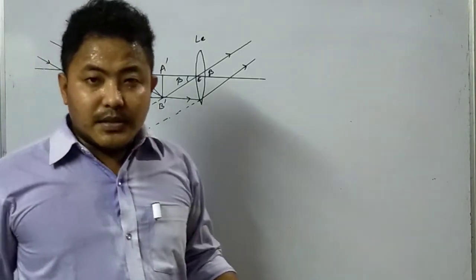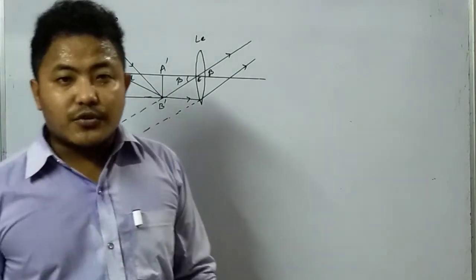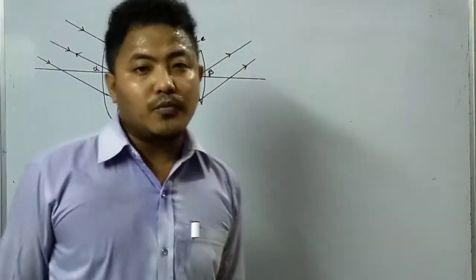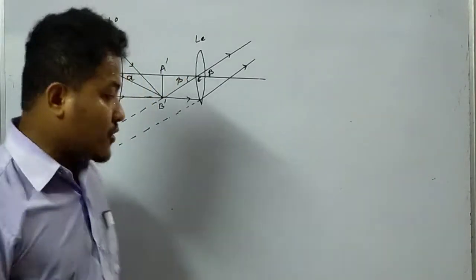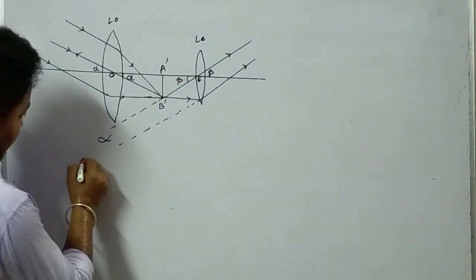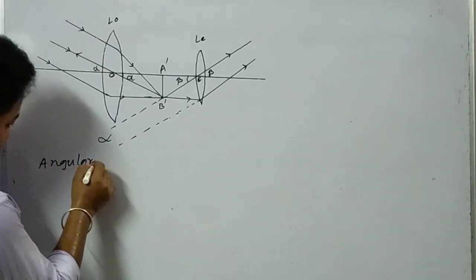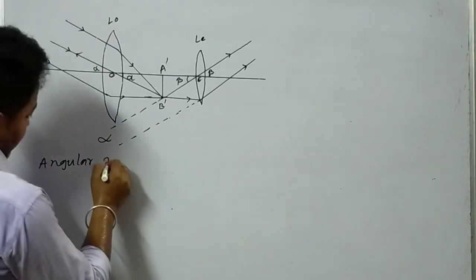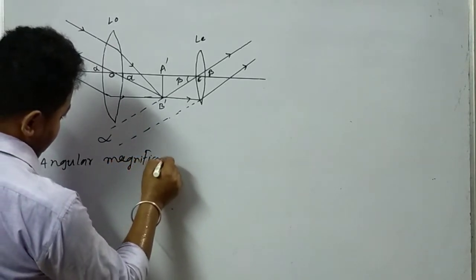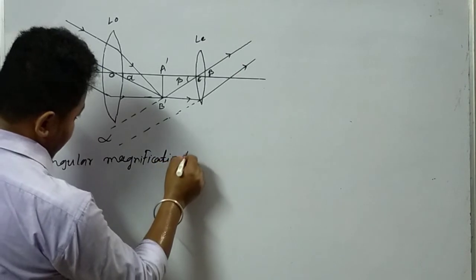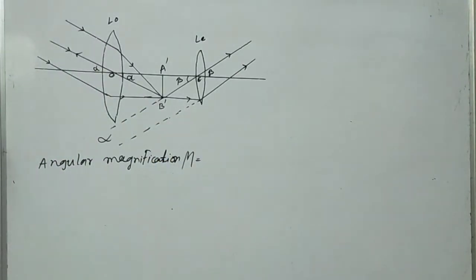Now again, simple thing, we'll follow the magnifying power or angular magnification as we did in the microscope. So you know how to find the angular magnification or magnifying power. I'm writing here angular magnification M. How to find the angular magnification M?